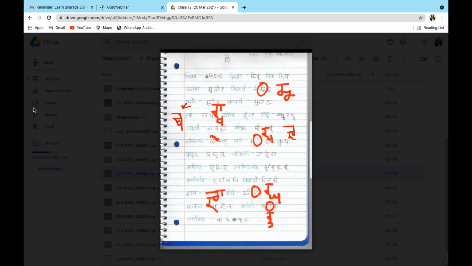Whereas in case of letters which do not have a Shirorekha, the R follows the rule that is followed while writing with R, this particular rule. Again, in case of Dirg, G does not have a Shirorekha, so this is the formation that will be followed.